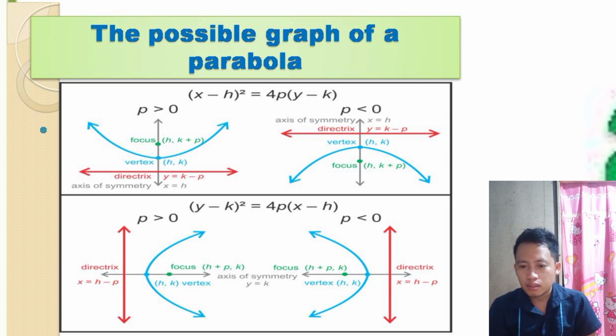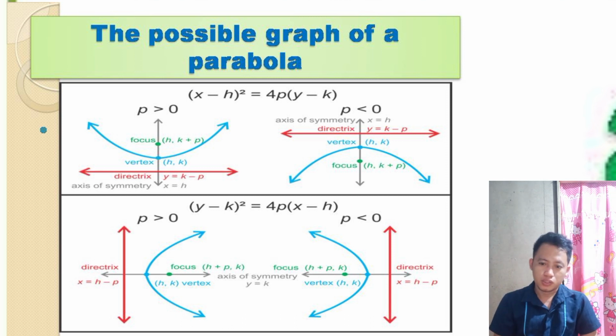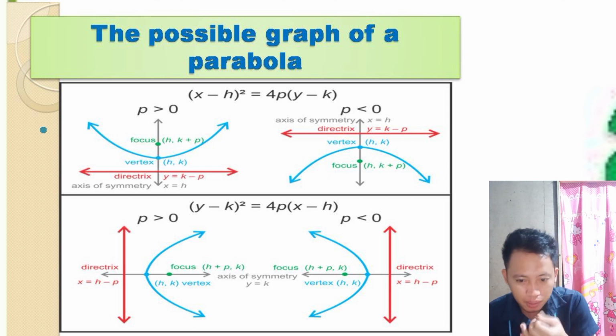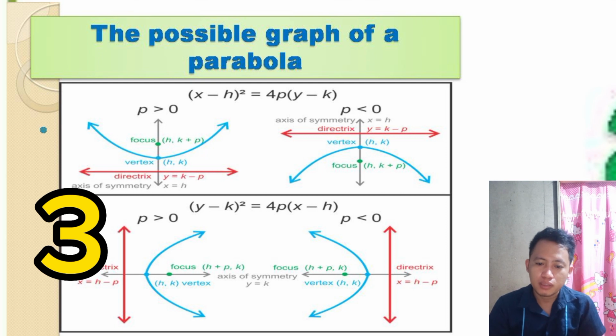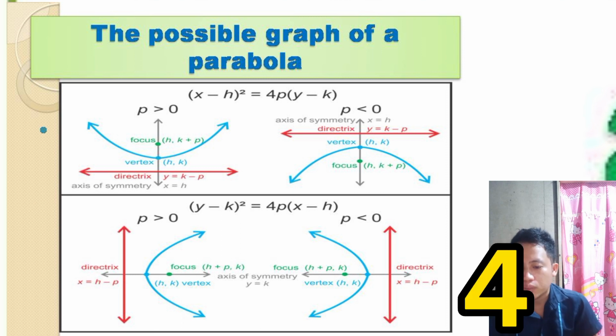So what is the possible graph? So opens downward. So you have already a knowledge of what is the behavior of the graph. We have the third graph, opens to the right, if p is greater than 0. When we say greater than 0, we have mga positive numbers. And to the right side, we have opens to the left, where p is less than 0.